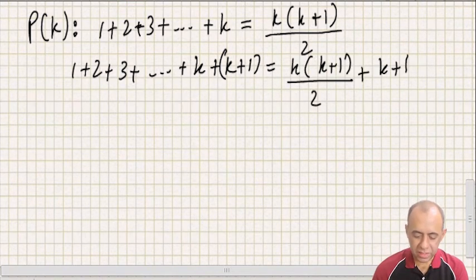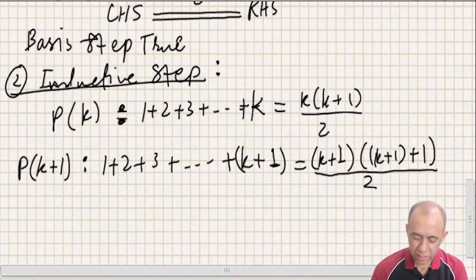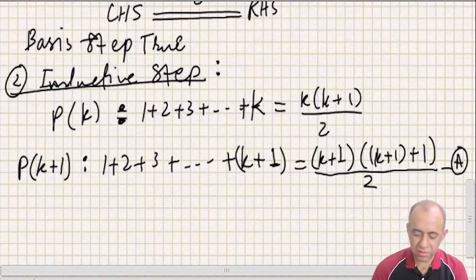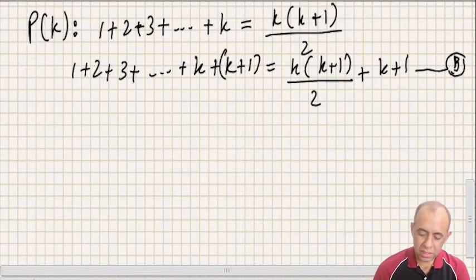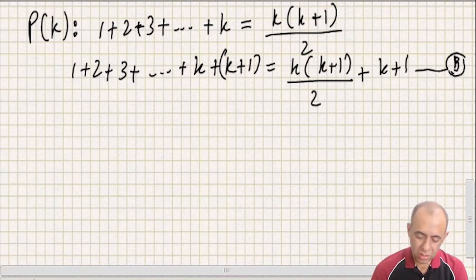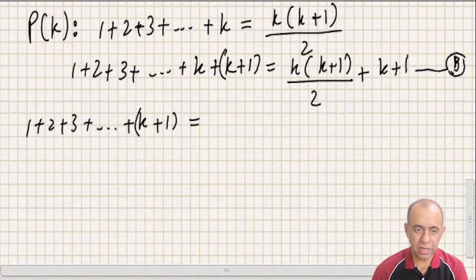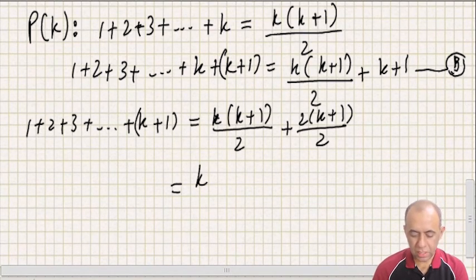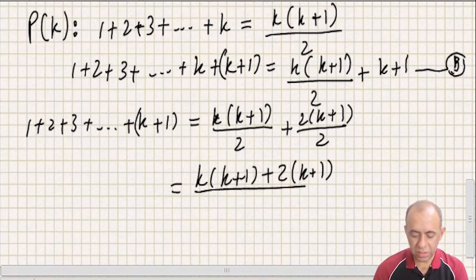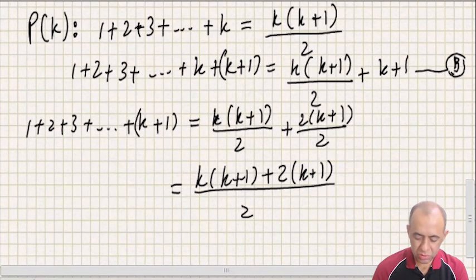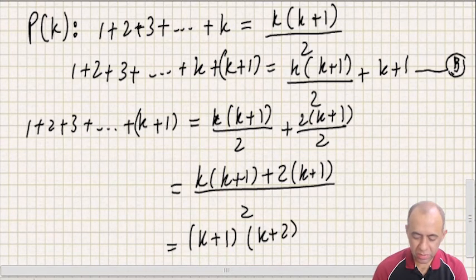Now our objective is that we want to prove this equation, let's call it equation B, equal to equation A. If A and B become equal, then we say that the theorem is proven, right? So starting from B, now we solve this. The left hand side will remain just like this, but the right hand side is k into k plus 1 plus 2 into k plus 1 divided by 2, which is equal to, so you can take k plus 1 common and you will get k plus 2 divided by 2.